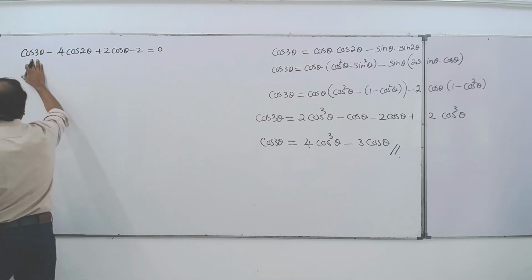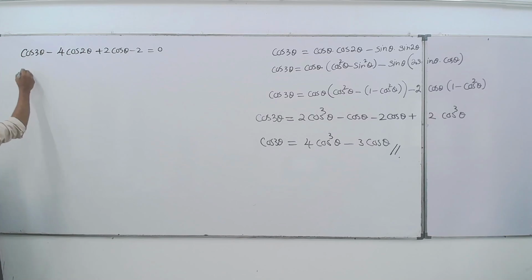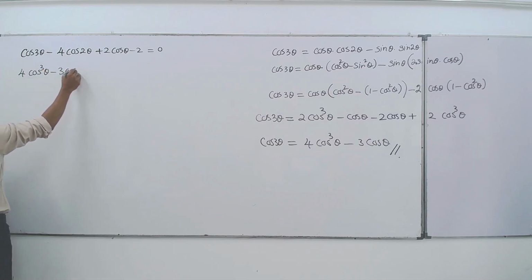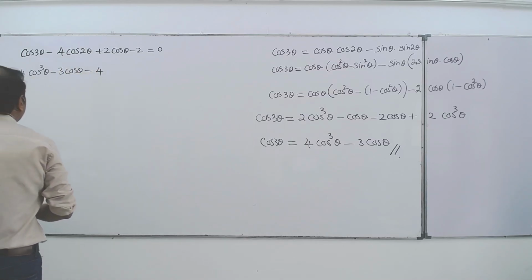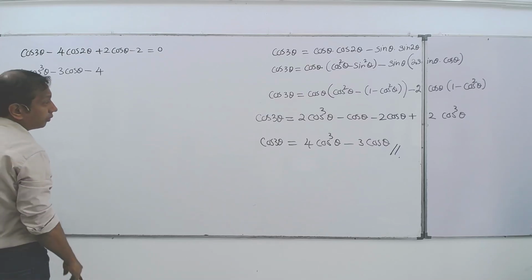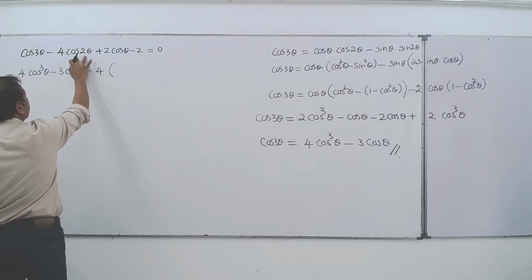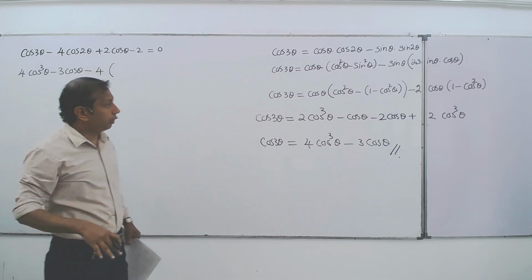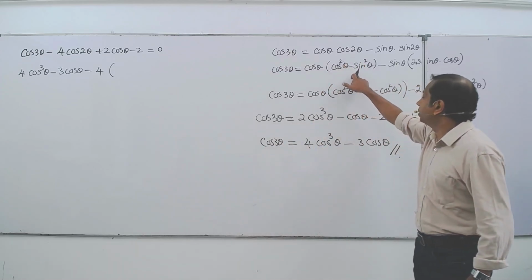For this cos 3 theta, I can substitute 4 cos cube theta minus 3 cos theta, minus 4 cos 2 theta. I can write cos 2 theta, we know, as cos square theta minus sin square theta.